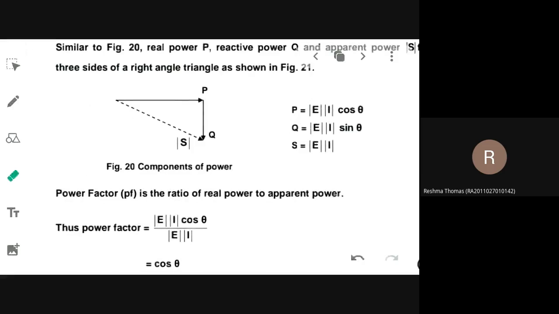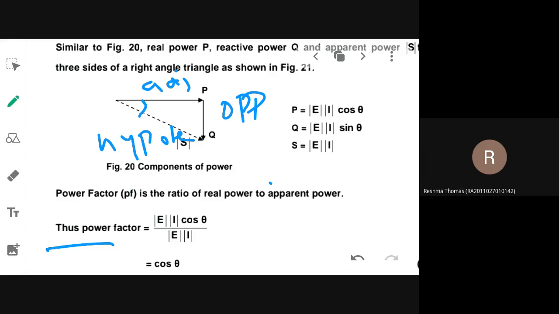Let us derive the power factor. What are the three sides of any right angle triangle? This is my adjacent side, this is my opposite side, and this is my hypotenuse. If I want to derive the formula for power factor, it is given by cos theta, or cos phi, any notation.